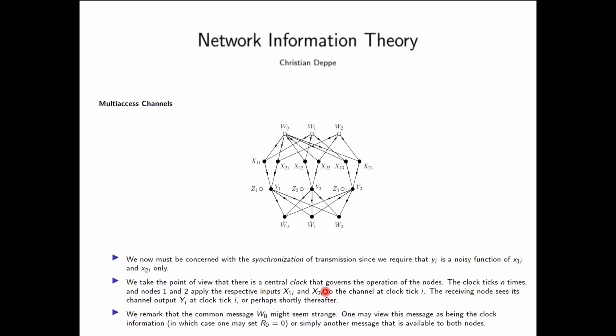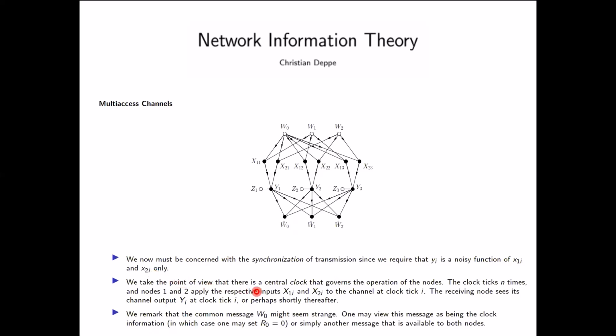So we have one problem now, which we didn't have at the broadcast channel. We need synchronization because we require that yi is a noisy function of x1i and x2i. So the symbols must be sent synchronized from encoder 1 and encoder 2.